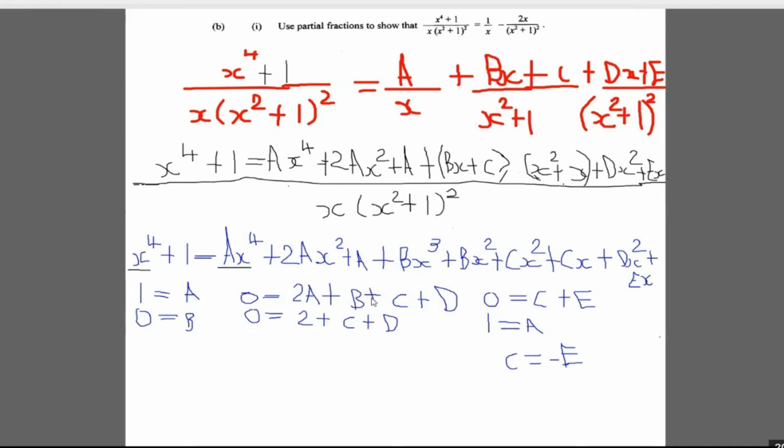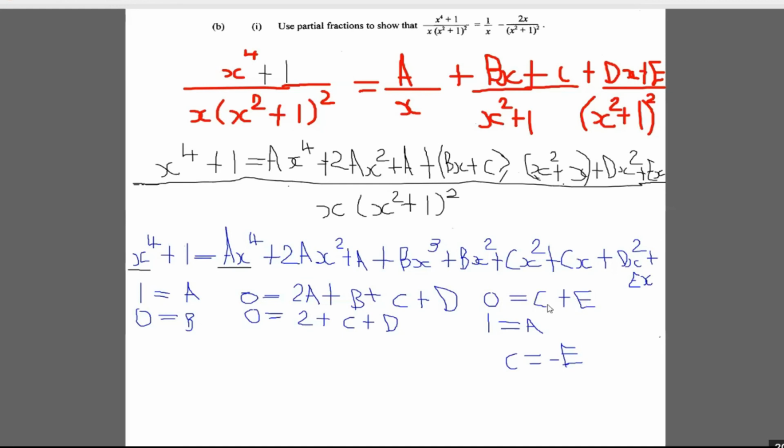And we know a is 1 and b is 0, so we get 2 plus c plus d, and that's 0. Then we go to our x terms, which is cx plus e. For x terms, we're finding 0 is equal to c plus e.